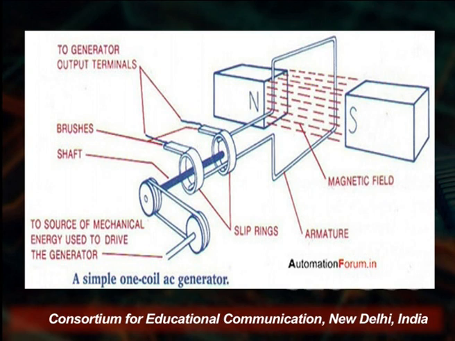The brushes press against the slip rings and make it possible to connect an external circuit to the rotating armature. Here N and S are fixed and this conducting coil is rotating through the shaft, a simple one-coil AC generator on the screen.